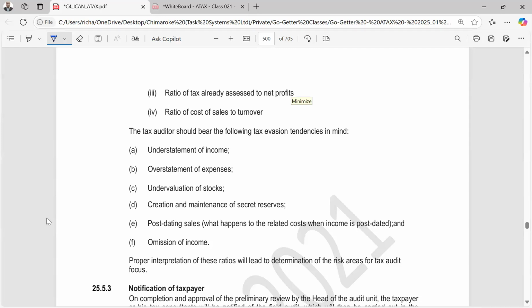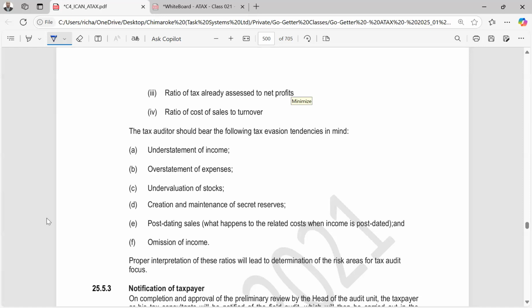So if you're having an income of 1 million, you are stating 700. That is understatement. They want to check if you are really understanding what you're doing, or whether you are just evading tax.